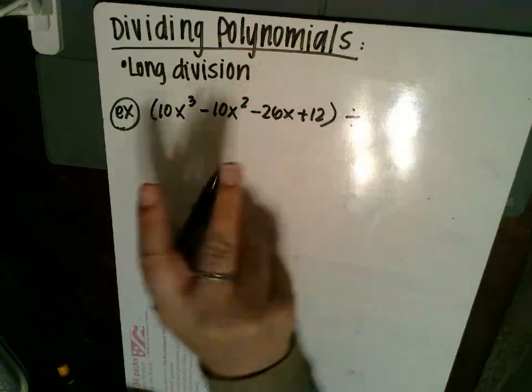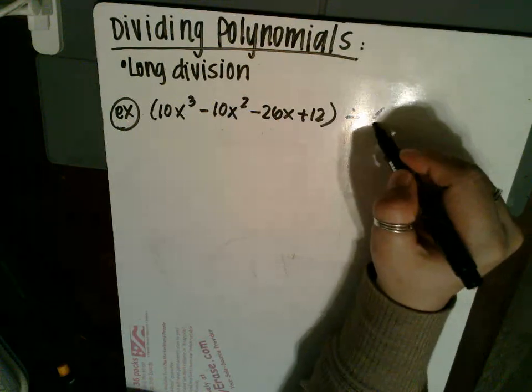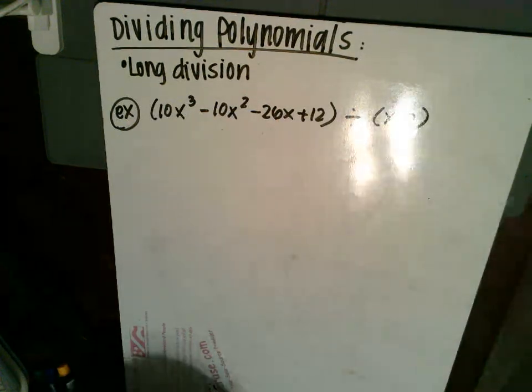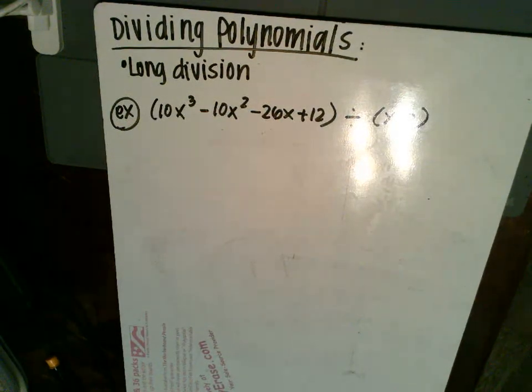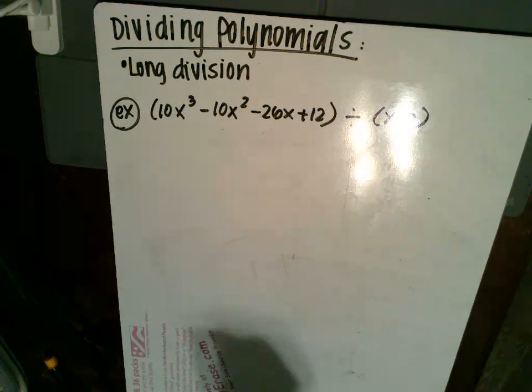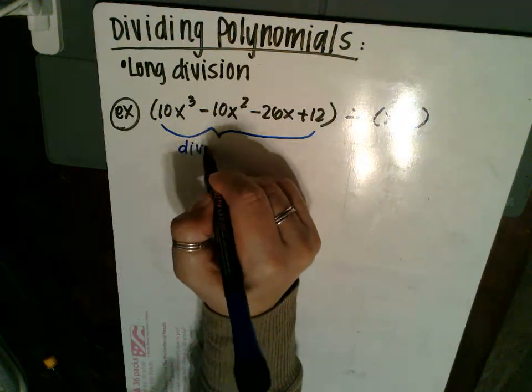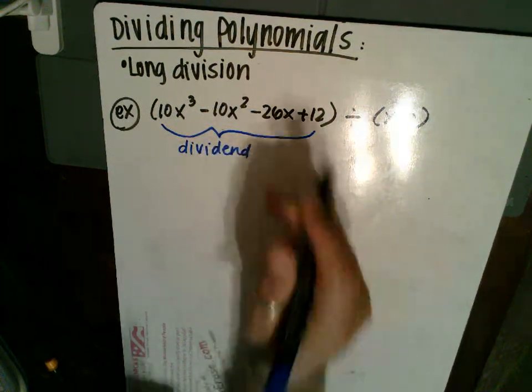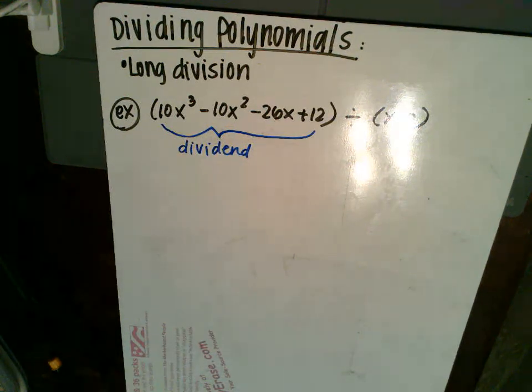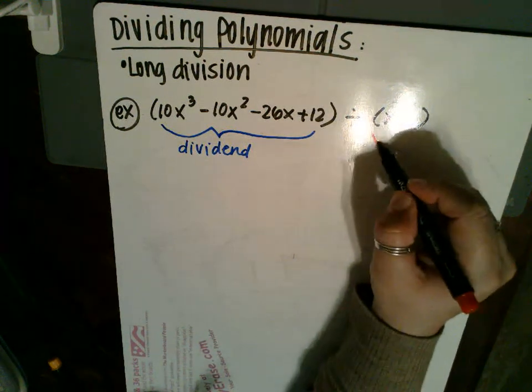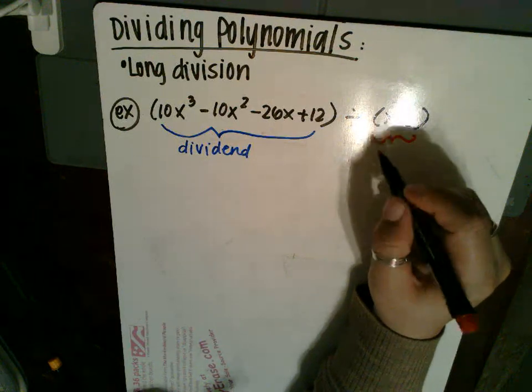Let's take this first polynomial and divide it by x minus 2. The longer polynomial is always going to be my dividend. So this is my dividend. My shorter polynomial will always be my divisor.